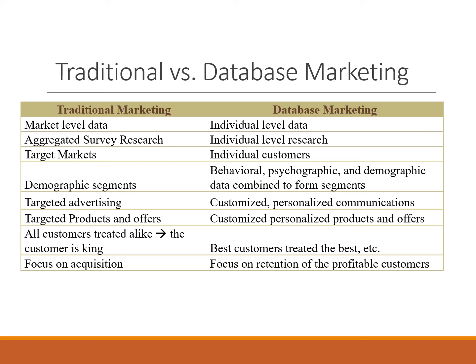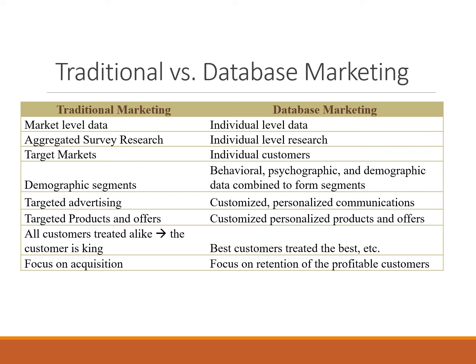So traditional marketing looks at market level data, sales, revenues, stock turns, things like that. Database marketers look at individual level data. That is, they look at individual customers. They're able to tell who each customer is and how valuable they are to the organization.